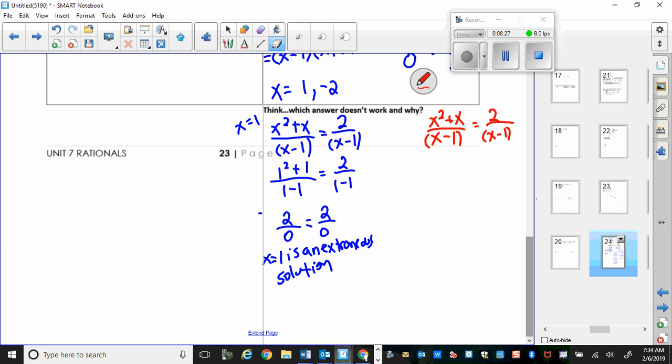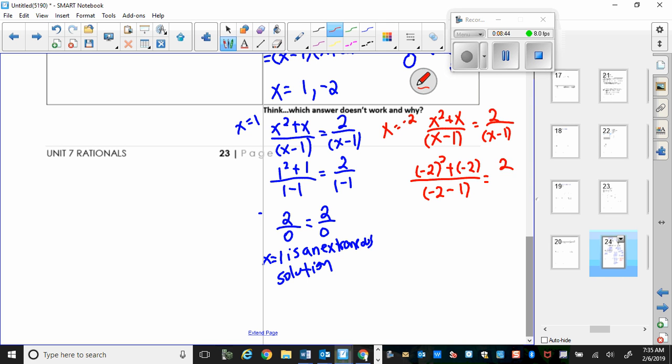So my other solution is not x equals 2, it's x equals -2. So be able to catch your mistakes like I did. So -2 squared plus -2 over -2 minus 1 equals 2 over -2 minus 1. So that's going to give me 4 minus 2 over -3 equals 2 over -3.